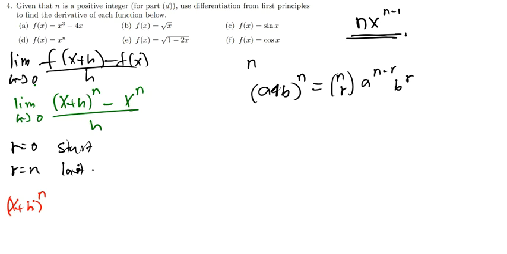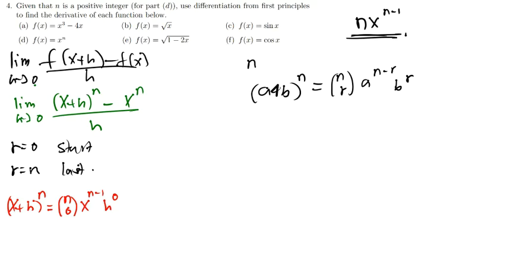So what are we going to have? The first one, using the same thing here, I start from n choose 0. r is 0 because we're starting from 0 all the way to n. Then a is x raised to n minus 0, and b is h raised to the power 0 because r is 0.